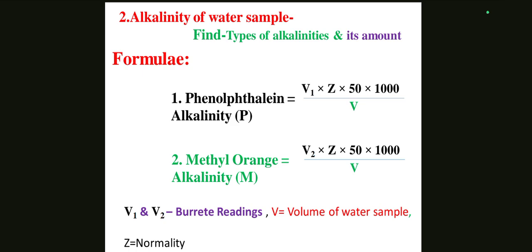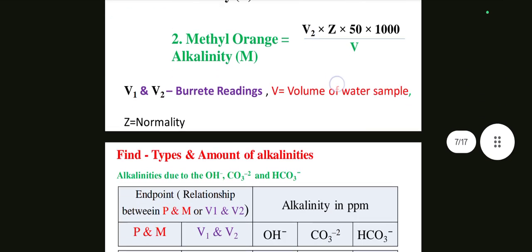Okay, so for solving a numerical, you should know the formulae. Okay, and formulae are very simple. Only difference in P phenolphthalein Phe1 is there, and in M methyl orange Phe2 is there. Now only these two formulas are not enough for solving the numerical on alkalinity of water sample. One most important table that you should know.